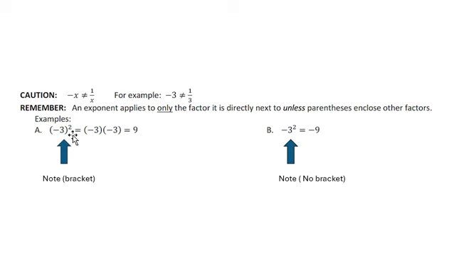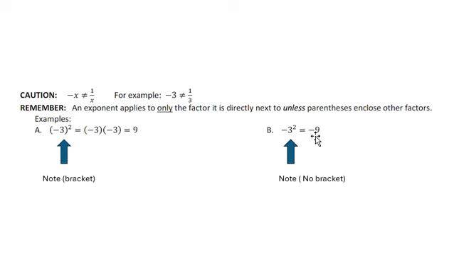Minus 3 to the power 2, you can multiply this minus 3 two times, yeah? And you will get 9. Minus 3 to the power 2. If you don't put the bracket like this, you just square the 3, which gives 3 to the power 2, and you don't do anything about the negative, okay?